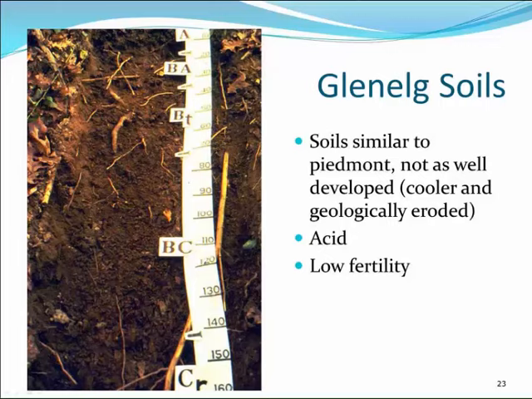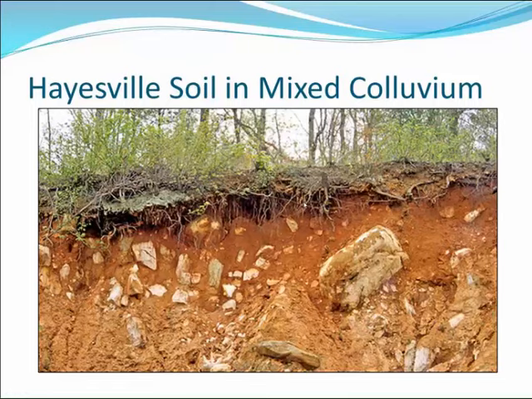This soil has accumulation of clay in the subsoil, and almost all of the soils in the Blue Ridge have that. They have bright red subsoils in places, and they resemble the soils of the Piedmont.